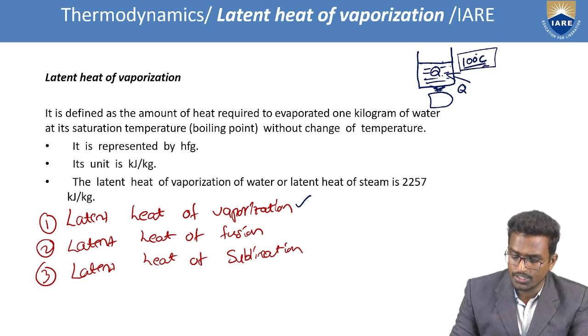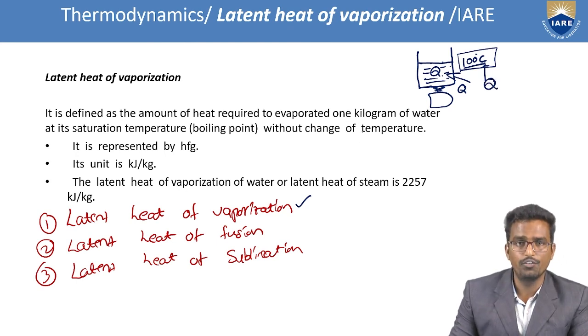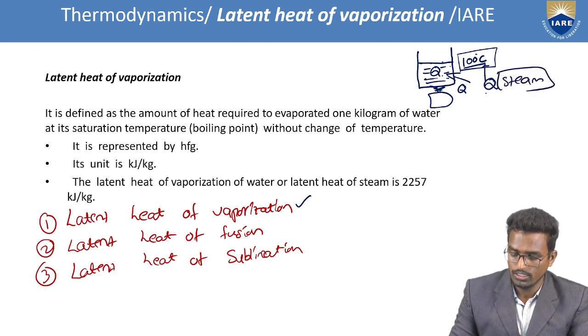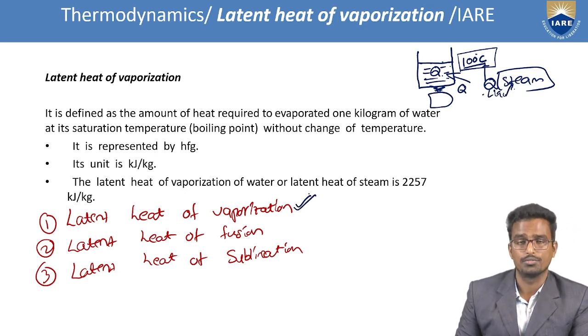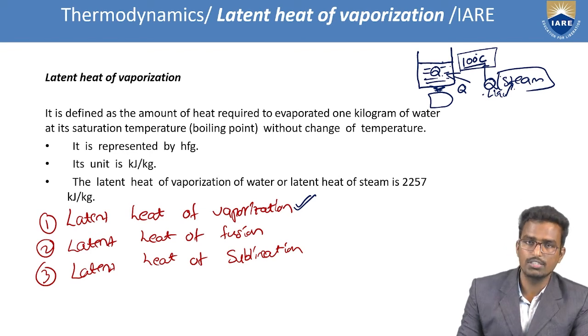At the same 100 degrees centigrade, the amount of heat required to change the water from liquid form to steam, that amount of heat you call the latent heat of vaporization.